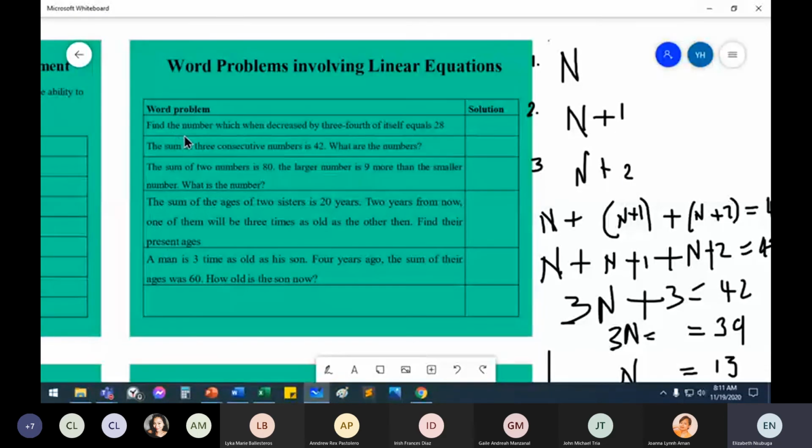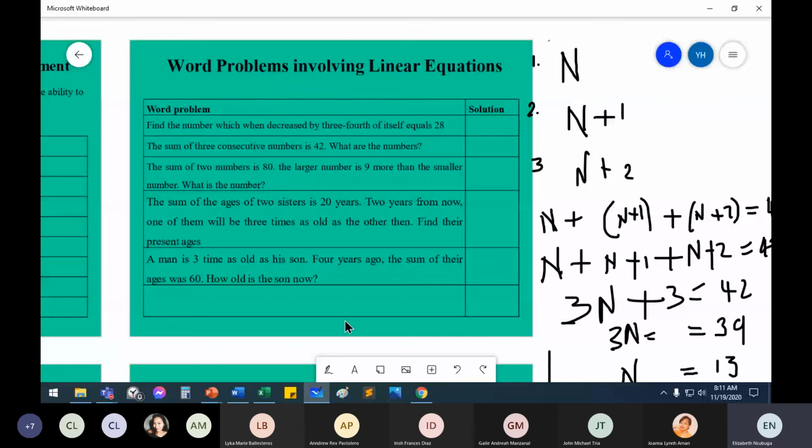Like they say, find the number which when decreased, and you're like, what are they talking about? But you already know how to say things in words. When they say decreased, it means minus. When they say increased, it means addition. Multiplied by, you know it's multiplication, or divided by, it's division.